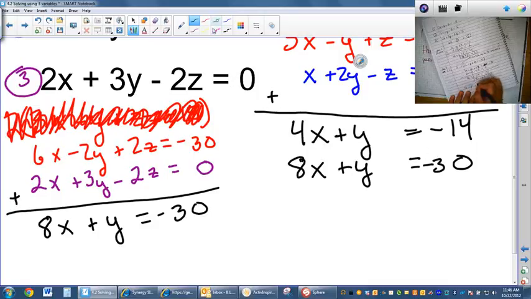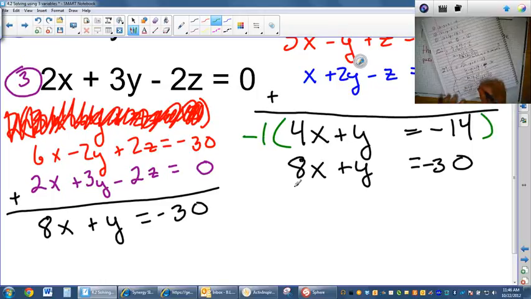For elimination to work, what do I have to have? DJ, what do I have to have for elimination to work? Yeah, I need a positive and a negative. Making it easy, let's multiply the top one by negative 1.